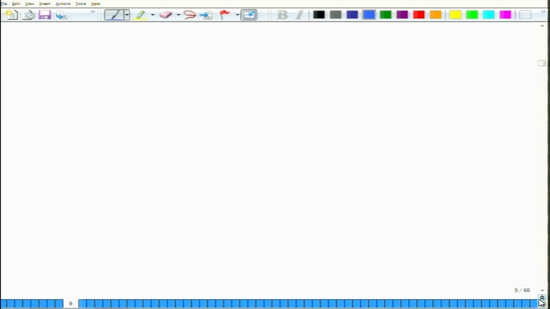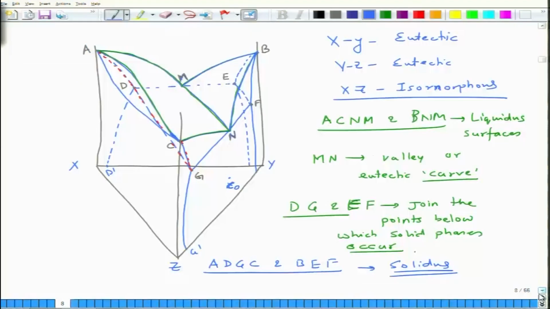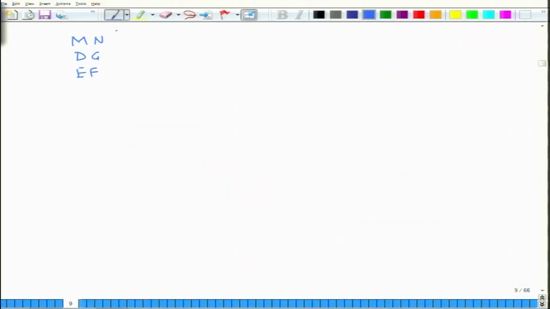Now we see that the curves, for example MN, DG as well as EF, do not necessarily lie in the same plane. Most likely they will not lie in the same plane if the eutectic temperatures are different.